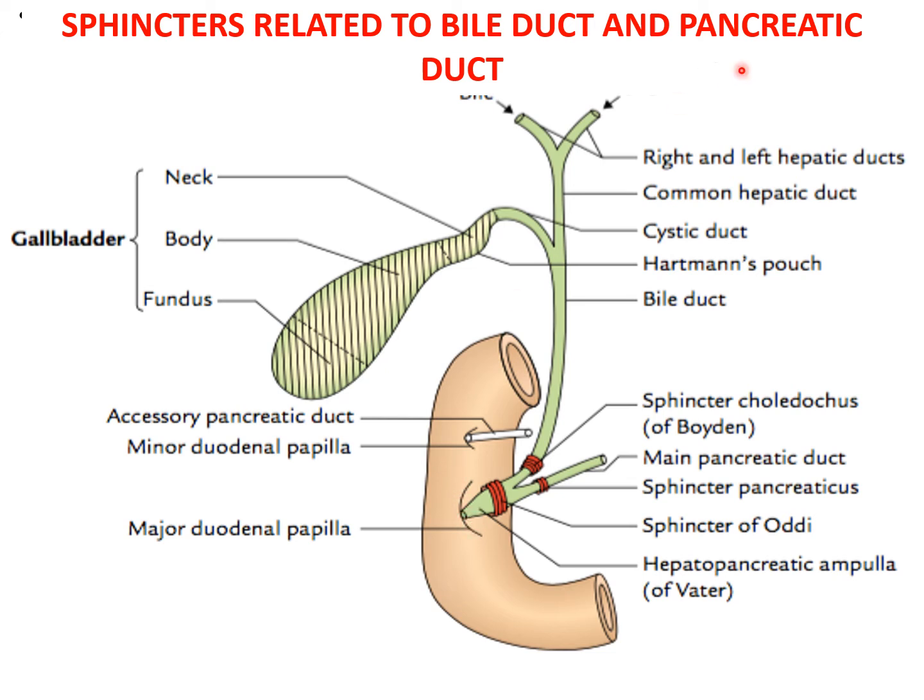Now a word about the sphincters surrounding these ducts. The terminal part of the bile duct is surrounded, just above its junction with the pancreatic duct, by a ring of smooth muscle that forms a sphincter known as the sphincter choledocus. This sphincter is always present. It normally keeps the lower end of the bile duct closed.